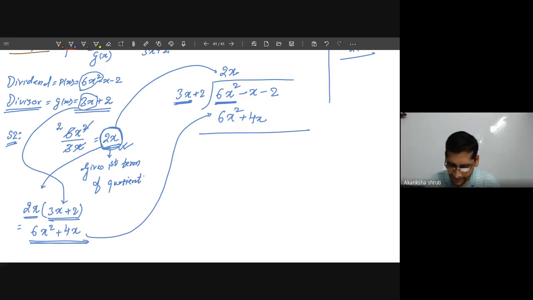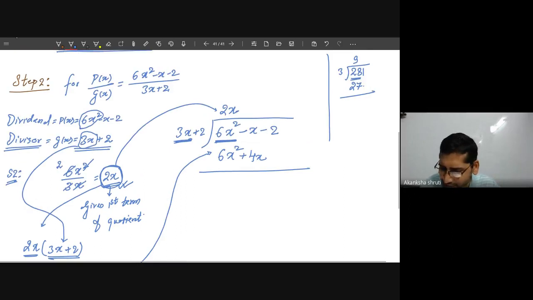Now you have to take the difference. Like for numbers, we were writing the multiple of the divisor just below the number of the dividend and subtracting. So here it was 28 minus 27 that we were subtracting to get the 1 for the next step.